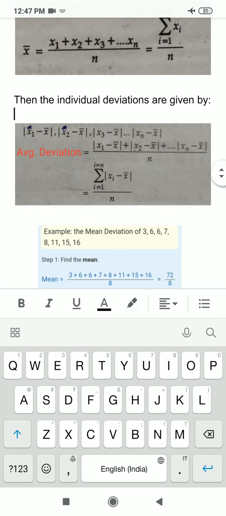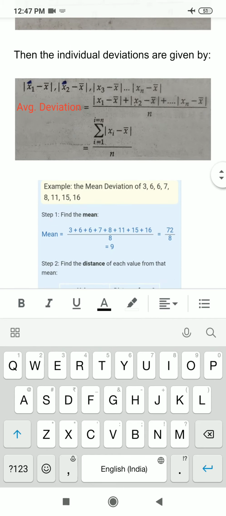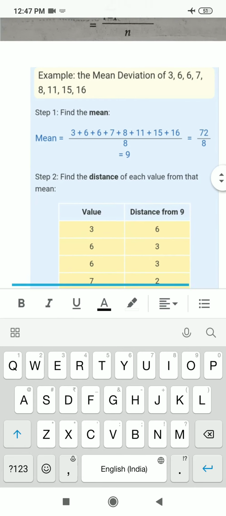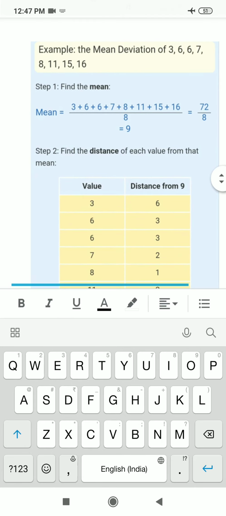Now this will be more clear to you by taking an example. Let us say we are having the mean deviation of 3, 6, 7, 8, 11, 15, 16. Suppose we are having different values 3, 6, 7, 8, 11, 15 and 16.